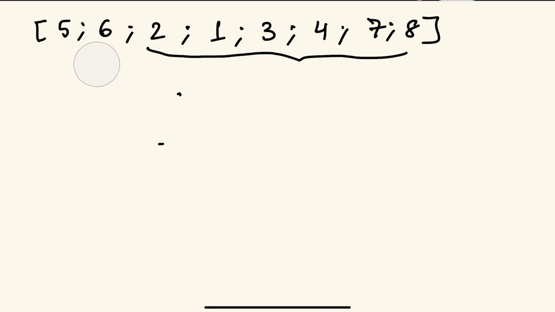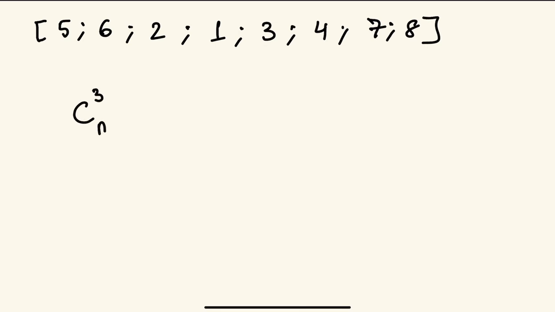When someone looks at this question for the first time, they're going to say, oh, I'm going to have to create combinations of three elements from the array, and then check which one is a valid triangle.